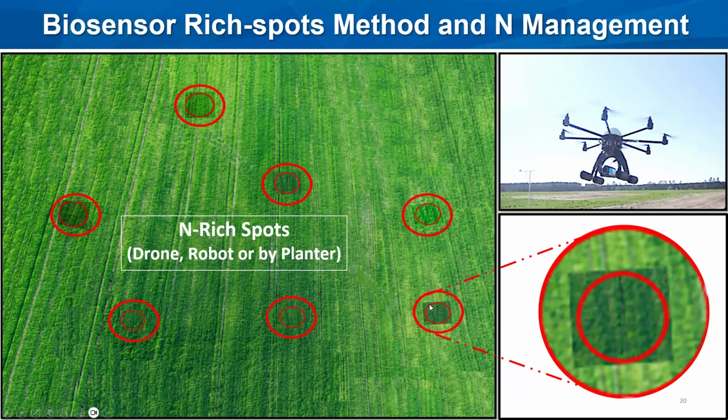So based on that, you can apply more nitrogen here, but not here. Or similarly here, we applied nitrogen, but the plant didn't take it. Why? Maybe the limiting factor was something else, or there was enough nitrogen there.